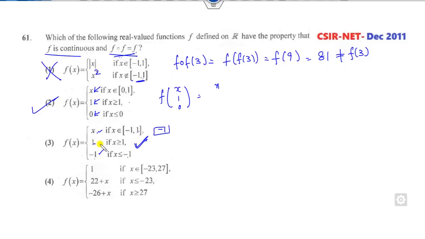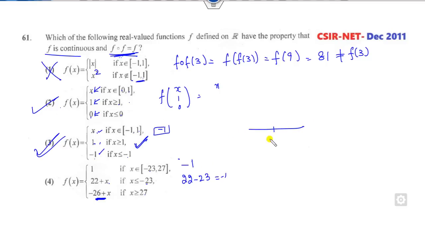It is continuous because of the linear, this is satisfied. 0 is 0, 0 minus 0. 1 plus 1, 1 is continuous. Minus 23, minus 1, minus 23, 23 minus 23 minus 1. 27 minus 1, it's plus 1. So you can see this continuity will be satisfied.